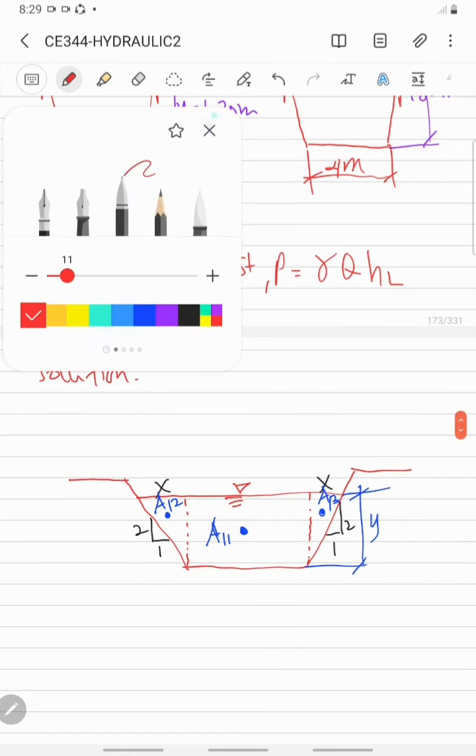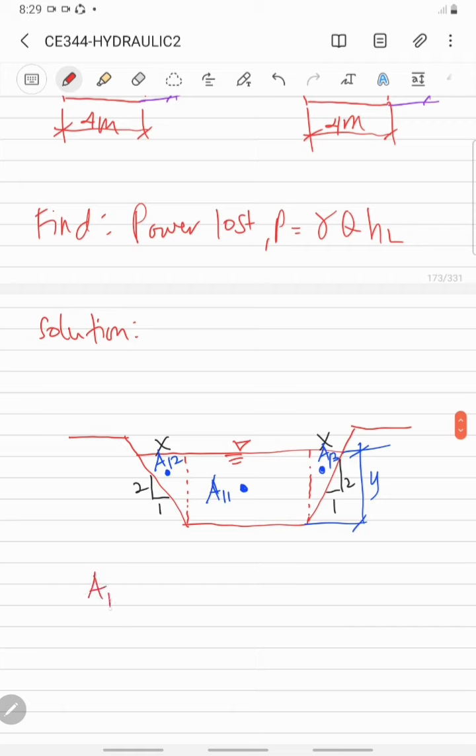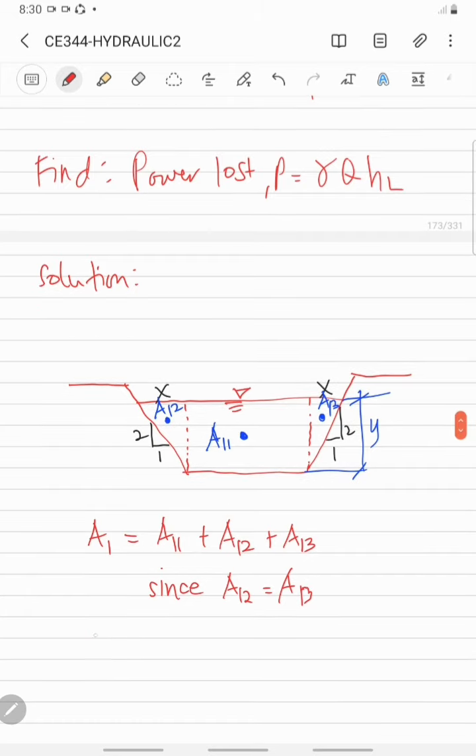The total area of flow, area 1, is equal to the sum of area 1:1, the area of the rectangle, plus area 1:2, the area of the triangle, plus area 1:3, the area of another triangle. Since they have the same side slope, area 1:2 is equal to area 1:3. Thus, area 1 is equal to area 1:1 plus 2 times area 1:2.